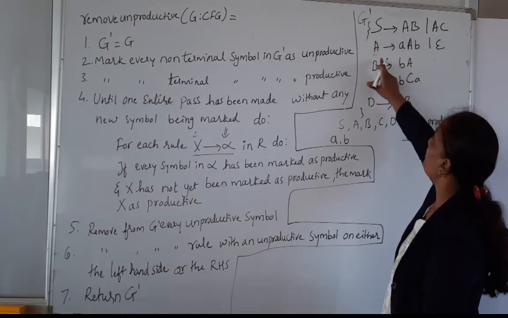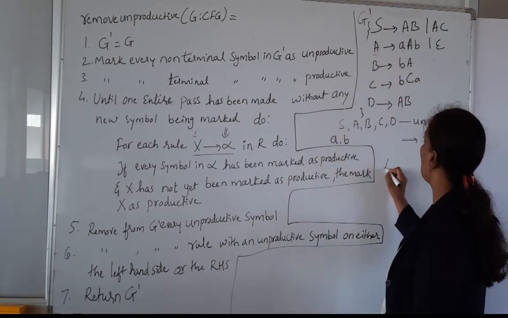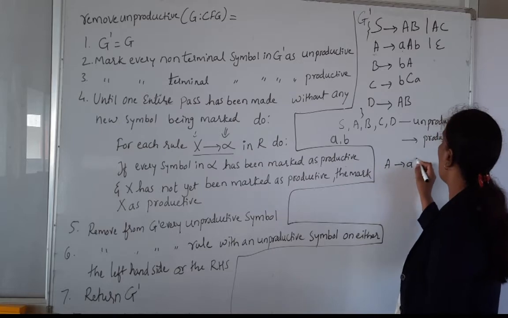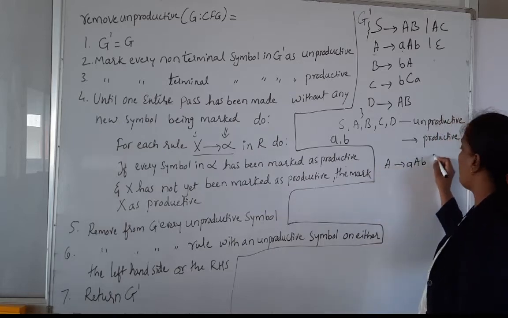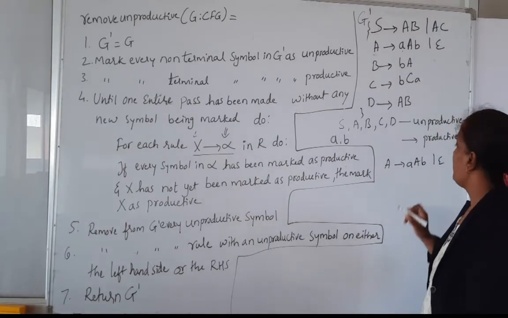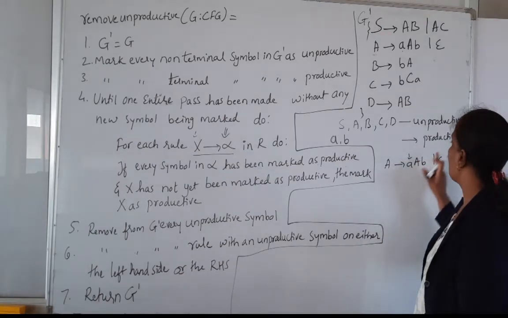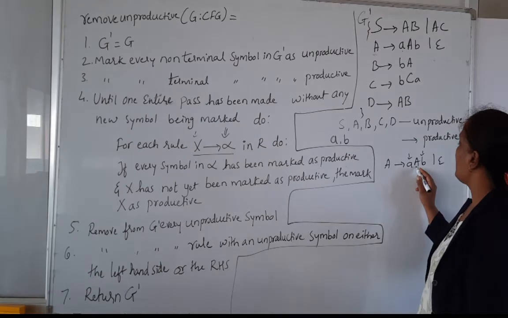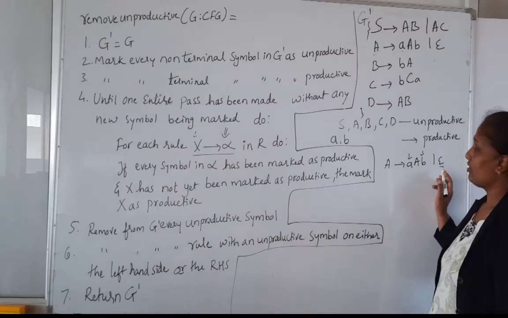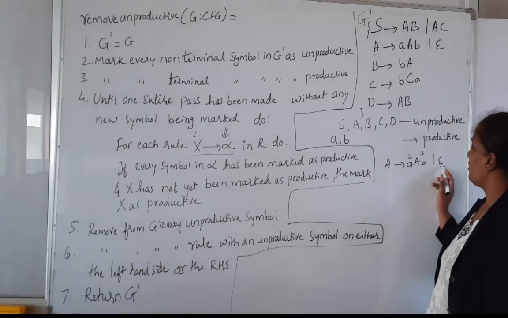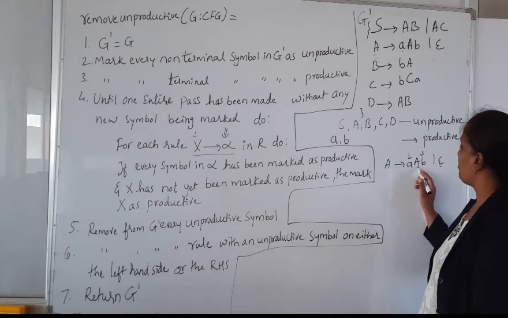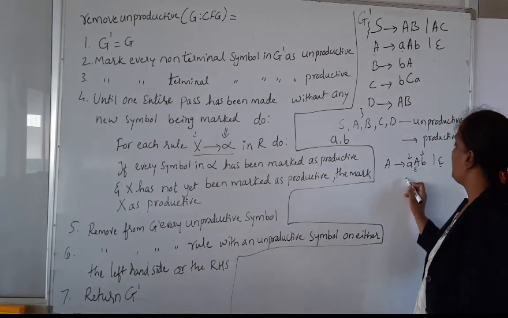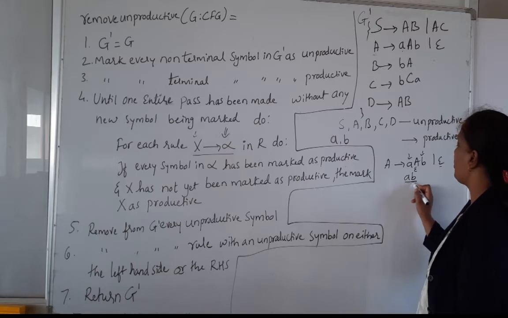So first one, I will take the A rule. A produces what? a, B or epsilon. Okay. So a is a productive symbol, and B is also a productive symbol. Next I can replace this A by the other rule of A, as epsilon. So once I replace this as epsilon, what do I get?